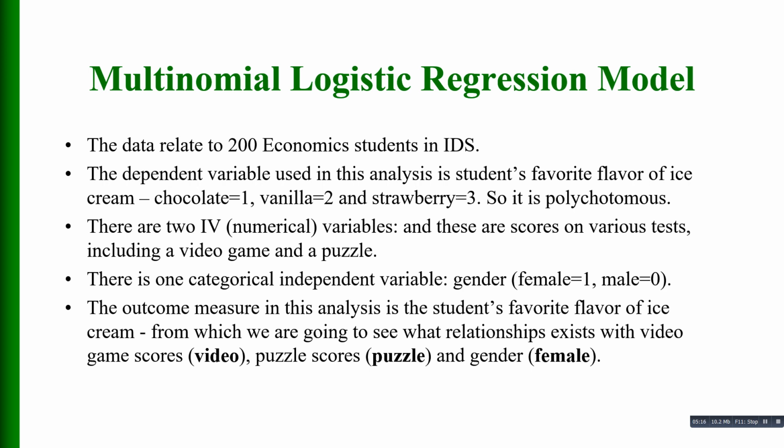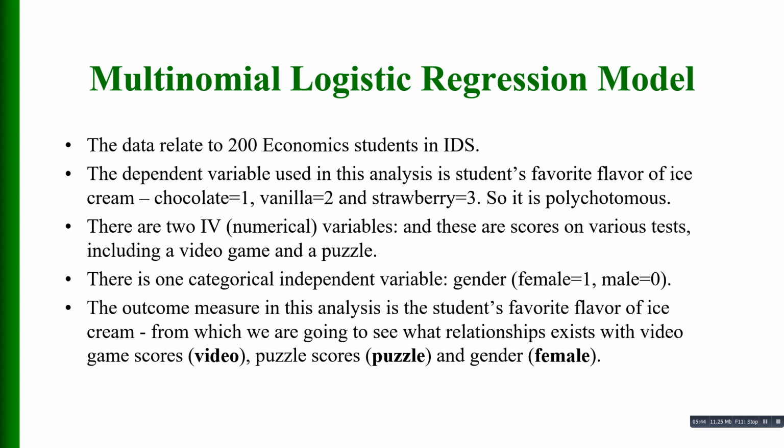There are two independent numerical variables, and these include scores on a video game and a puzzle test. So video and puzzle are two independent numerical variables used in this analysis. In addition to the two numerical independent variables, we have also included one categorical independent variable in this model, and that is gender.